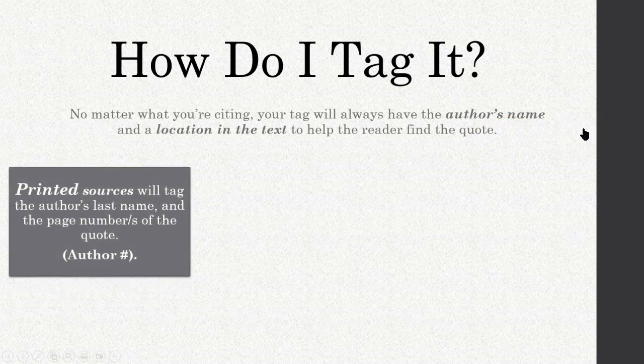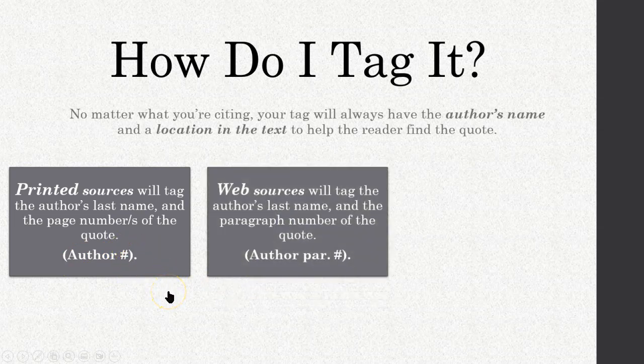So if you're using a printed source, you will pretty much always tag the author's last name and then the page number or the page numbers that quote came from. So maybe it's two authors, you will put both of their names. If it's a corporation, you put the corporation's name. And then your citation tag just looks like this, parentheses, author, space, the number, parentheses, period.